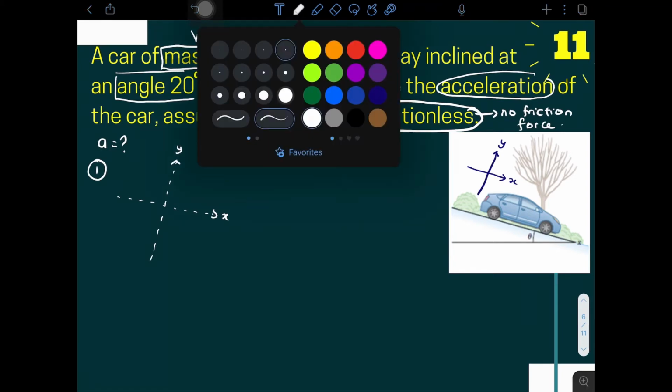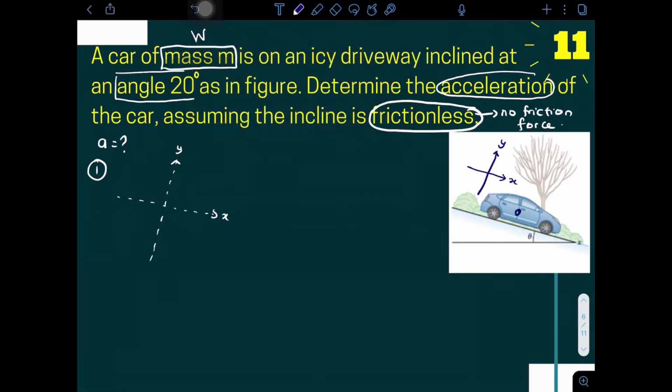Let's draw the forces on the car. It has weight downwards, 90 degrees to the ground. Frictionless, so no friction. The car touches the plane, so we have normal force 90 degrees to the surface. And that's it, because we don't have any push or pull forces, and we don't have any string or cable, so no tension force.